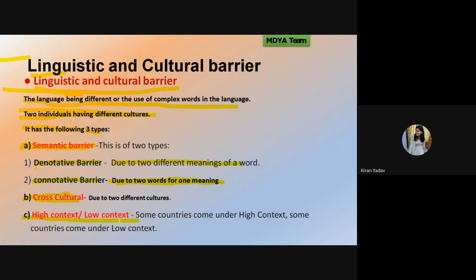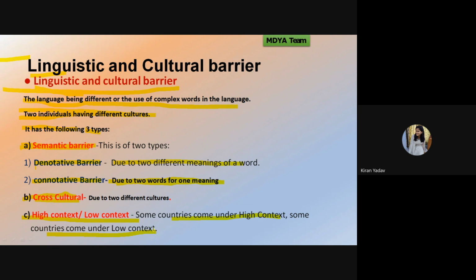And high context, low context: some countries come under high context and some under low context. So if a high context culture person is with low context culture people, there will be some difficulty in communication, and that can become a barrier.